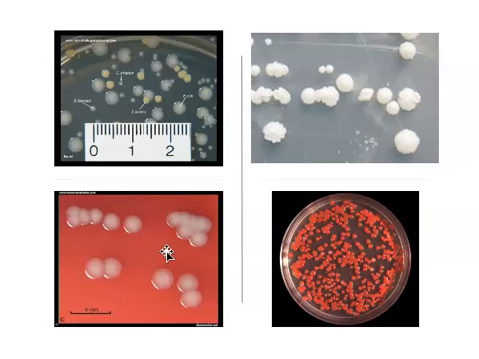The other thing I want you to notice is that this agar is red. This happens to be what's called blood agar. And like the name suggests, this agar has had not only basic nutrients added to it, but it's also had blood added to it. Typically, that blood is sourced from sheep in the laboratory.